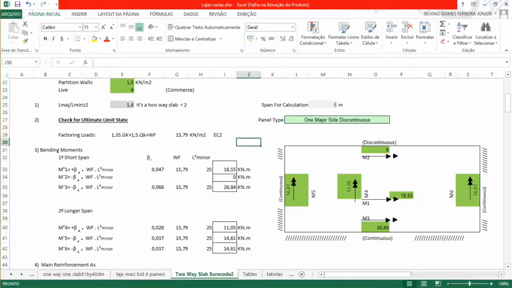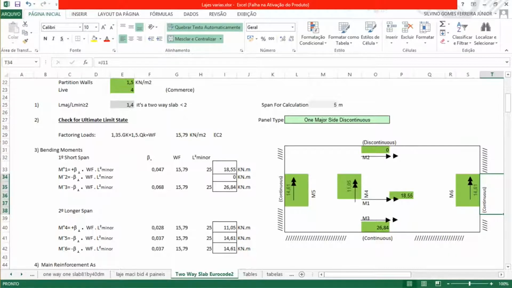So continuing with the bending moment, for the shorter side of this slab, we'll have a positive bending moment here in the middle span.